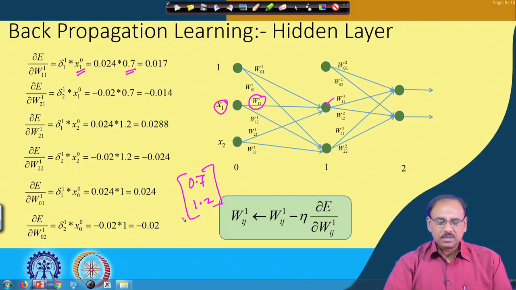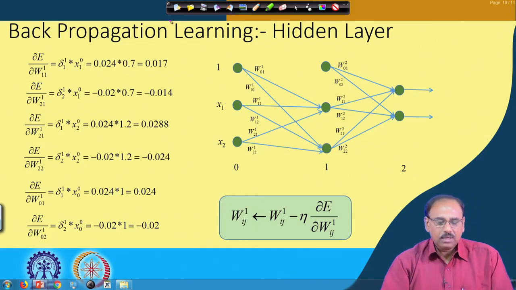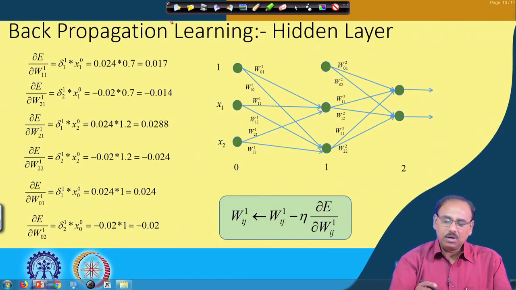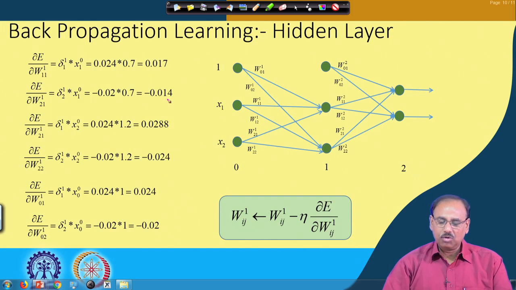Using this, I can compute del E del W111. I can compute del E del W121, which comes out to be minus 0.014. I can compute del E del W211, which comes out to be 0.288. I can compute del E del W221, which comes out to be minus 0.24.